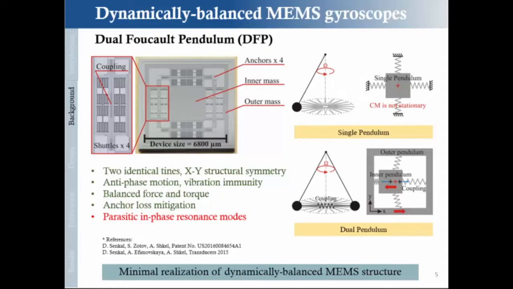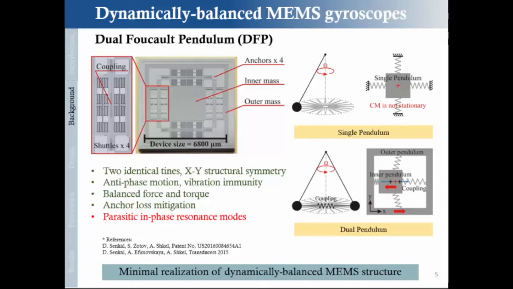Previously, at Transducers 2015, and we probably have a journal paper as well, and there is a patent on this, we demonstrated that it is possible to come up with a minimal realization where, instead of 4 masses, 2 masses are used. The reason we call it a double Foucault pendulum is that a single proof mass has dynamics equivalent to a linearized Foucault pendulum.